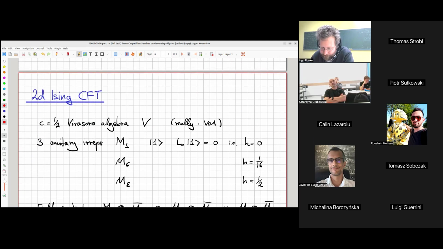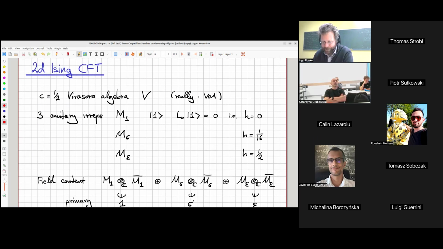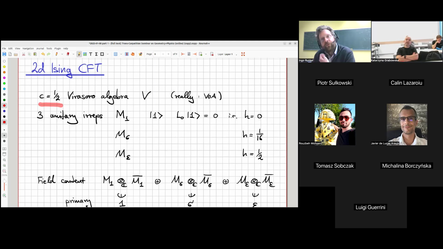Okay, so I want to do a little crash course on the 2D Ising CFT. If you do conformal field theory, you wouldn't necessarily approach it via an action functional, but you do algebra and representation theory. So you'd look at the central charge one-half Virasoro algebra. You study its unitary representations, and you find there are 3 of them.